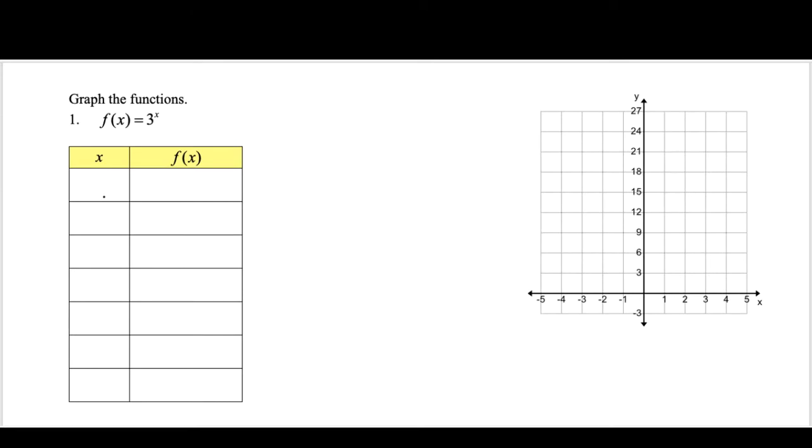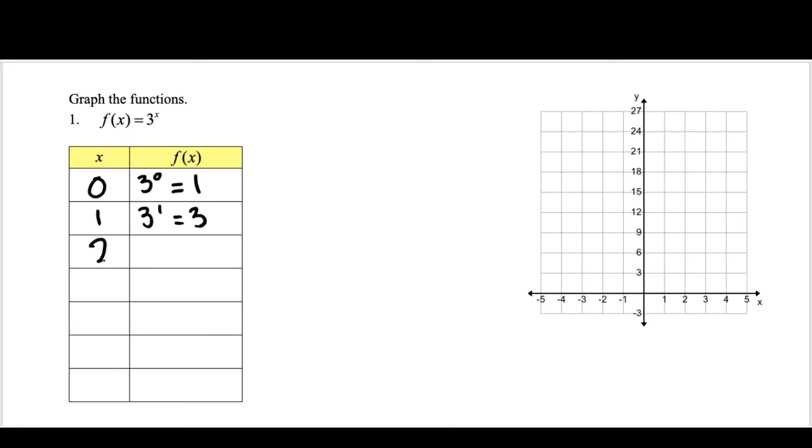I'm going to start with the x value of 0, and if I plug that in, I get 3 raised to the power of 0. It's a rule of exponents that anything raised to the power of 0 is always equal to 1. So this is equal to 1. If I do the number 1, I get 3 raised to the power of 1, which is equal to 3.